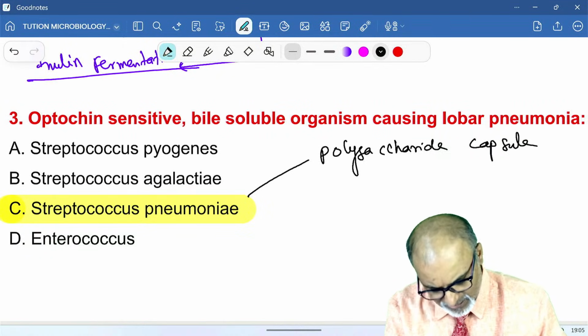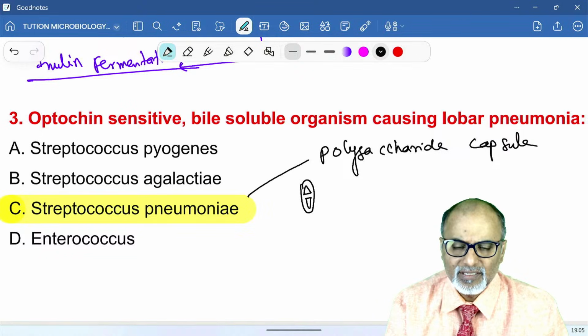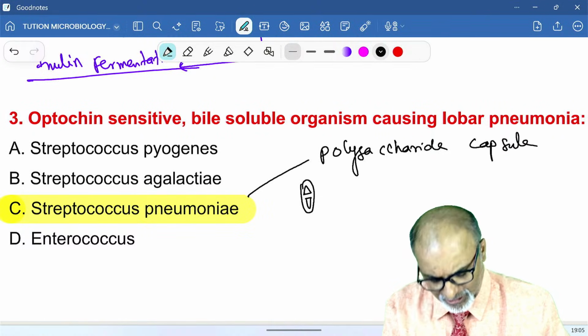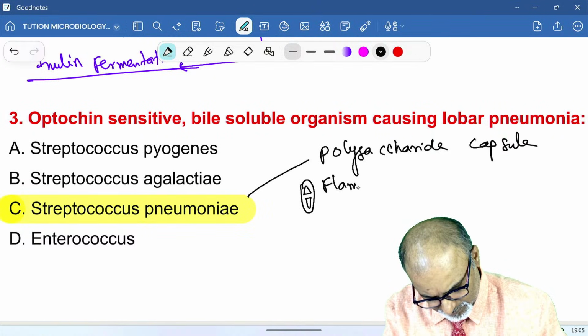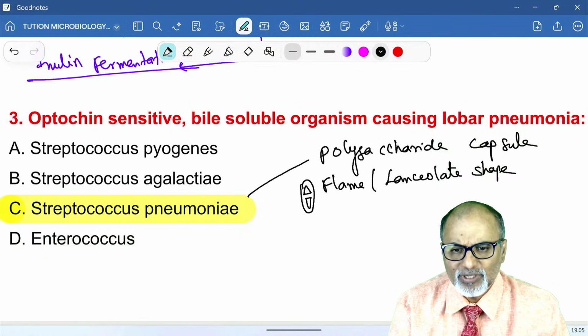Everybody is aware of that. It is flame shaped or lanceolate shaped.